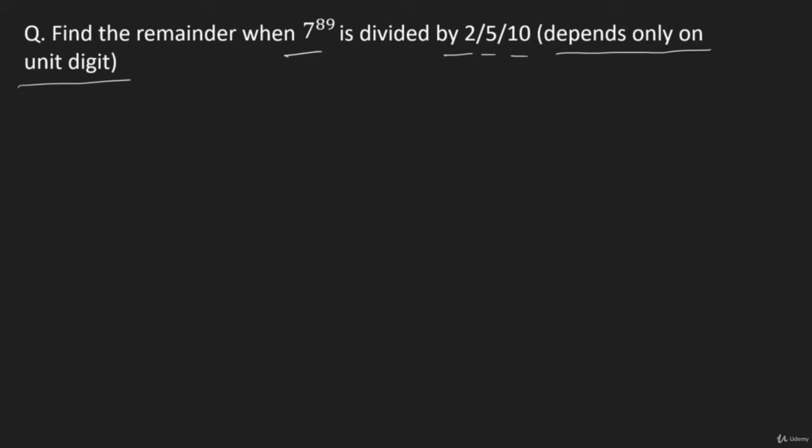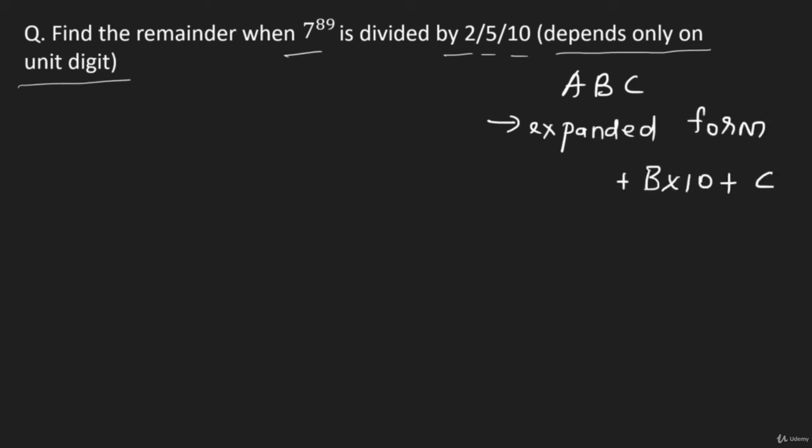Say you have a number ABC, and A, B or C can be any digit. Alright, the expanded form of a 3-digit number like this is A into 100 plus B into 10 plus C, right? For example, if you have 217, you can write it as 2 into 100 plus 1 into 10 plus 7 into 1.